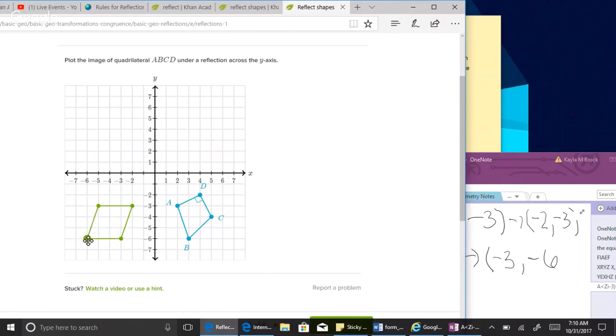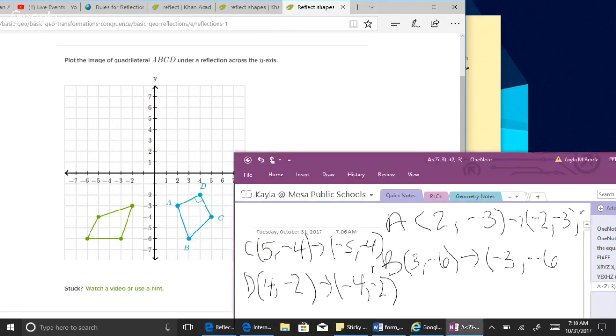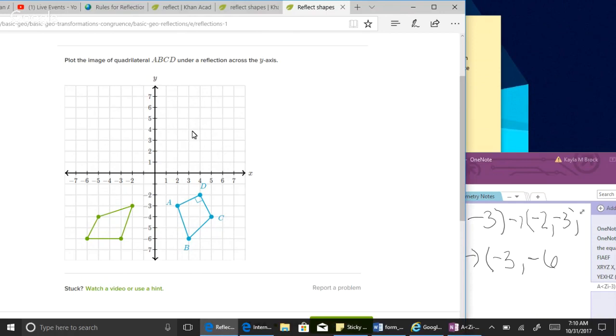I can't move this down. -5, -4. And then the last point is going to be at -4, -2. Okay. So I'm going to move this to -4, -2, and then this is going to move to -5, -4. Okay, there you go.